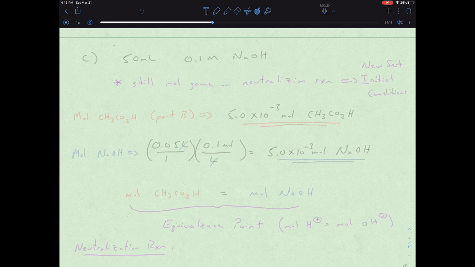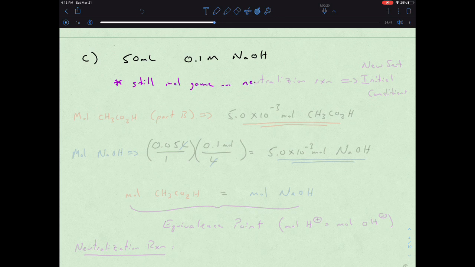For part C, we've now added 50 milliliters of the 0.1 molar sodium hydroxide. So again, now that the titration is running, this is still a mole game, right?